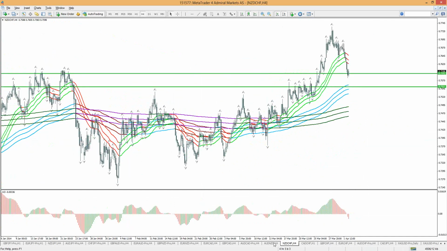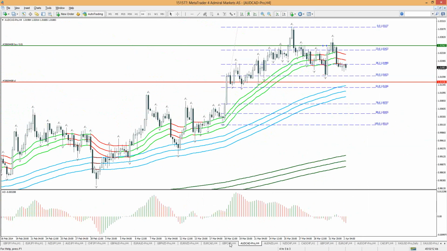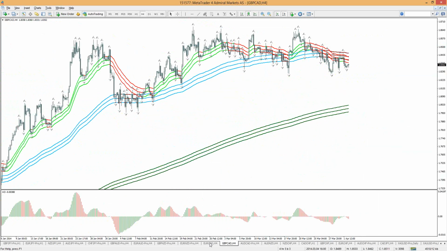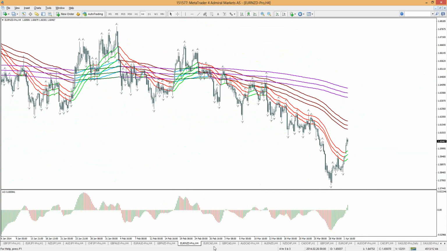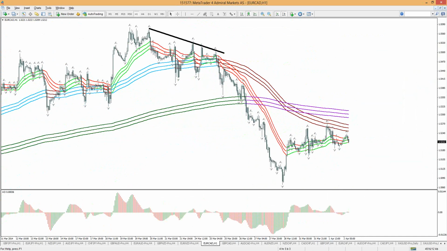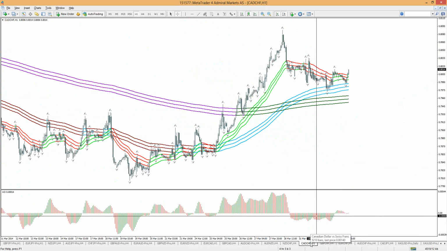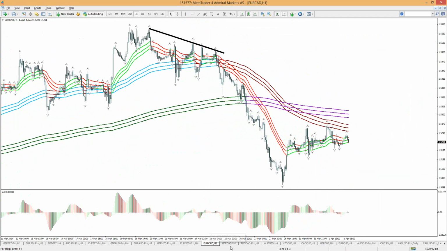Let's see if there's anything better. Euro CAD looks down. CAD Swissy looks up, which means we are looking at two CAD strengths here.